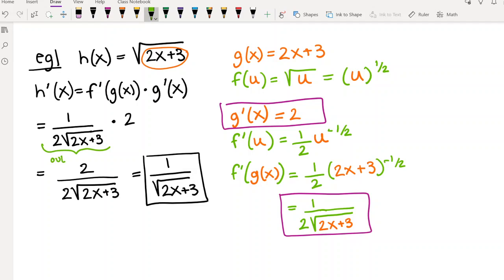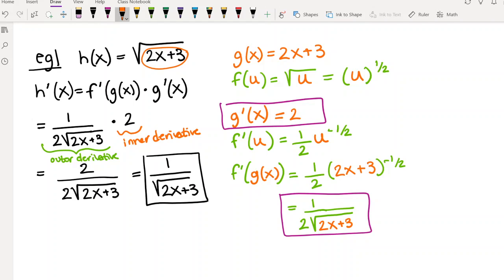If it was square root of x, it would be 1 over 2 root x, that's the derivative of square root of x. So I'm doing that same thing, but leaving the 2x plus 3 inside there. You're doing the derivative around the 2x plus 3 and leaving it inside. And this part here is the inner derivative.